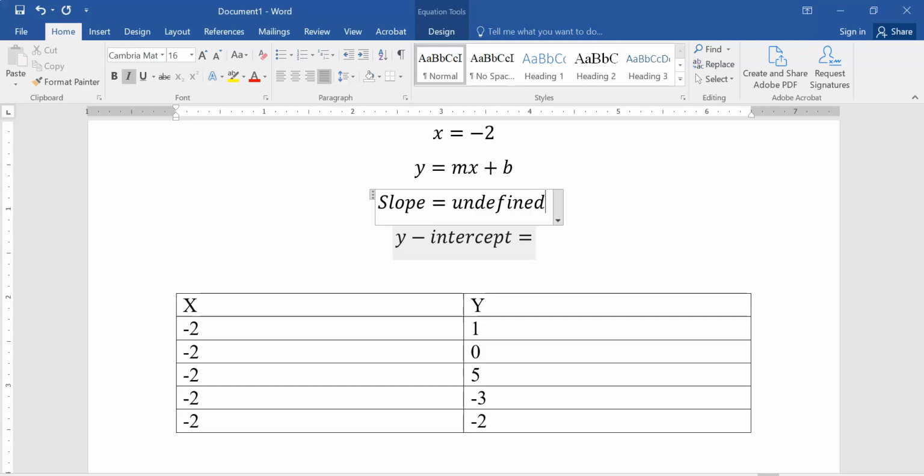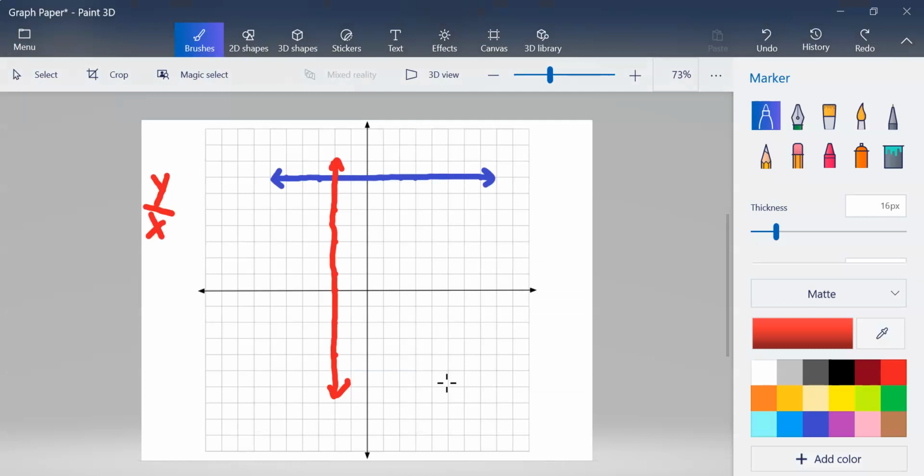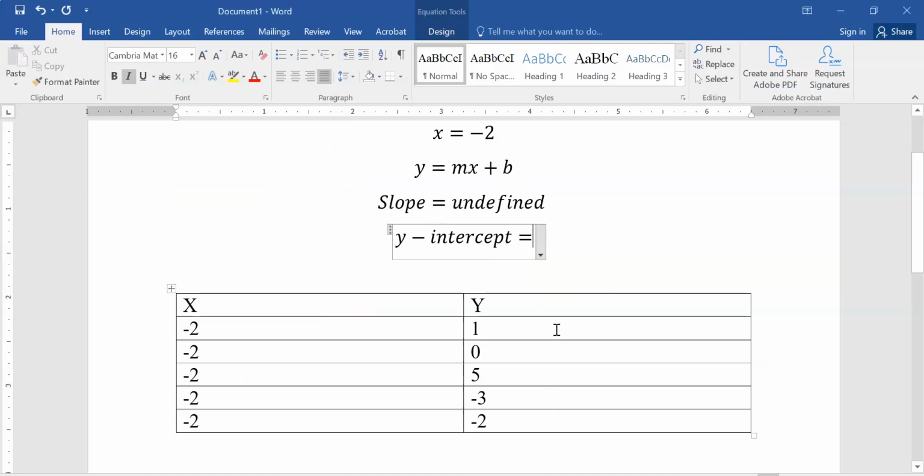I'll say undefined. By the way, also in that vertical line, think about where this crosses the y-axis. Well, we can see that this red line, any vertical line, will never cross the y-axis. So vertical lines also do not have a y-intercept.